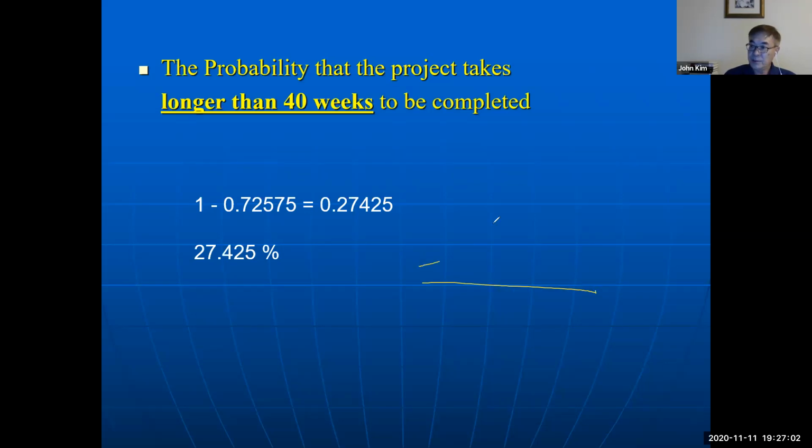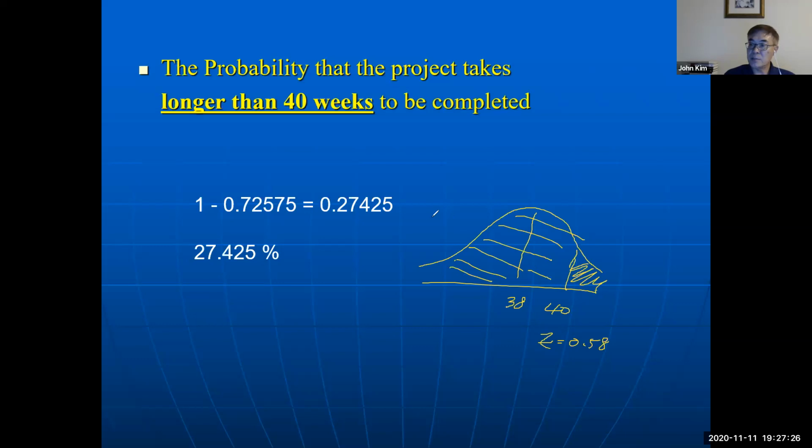The area: 38 here, 40 here. This one is "longer than", so z equals 0.58. Then the table gives an area on the left side.